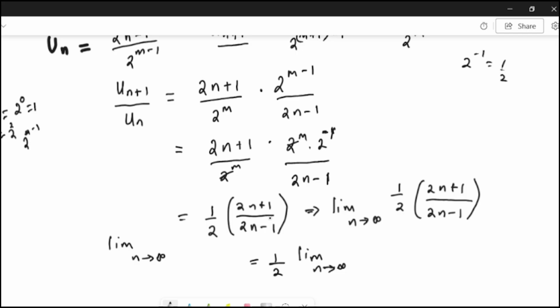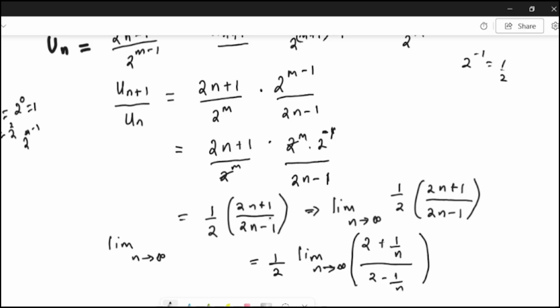And now you see here we have an n, and this is going to infinity. If we don't manipulate, we're going to get infinity over infinity, which is an indeterminate form. So we're going to divide here by the highest power. We will have 2 plus 1 over n, over 2 minus 1 over n.